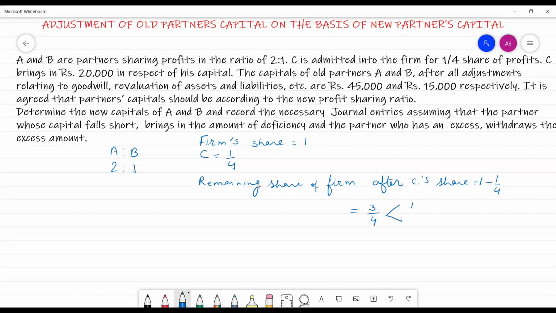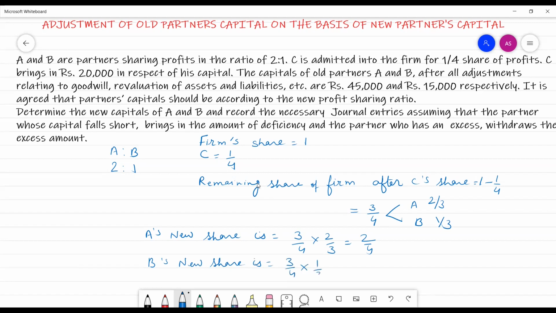This would be distributed among A and B in the ratio 2/3 and 1/3. A's new share is 3/4 into 2/3, that is 2/4. B's new share is 3/4 into 1/3, that is 1/4.